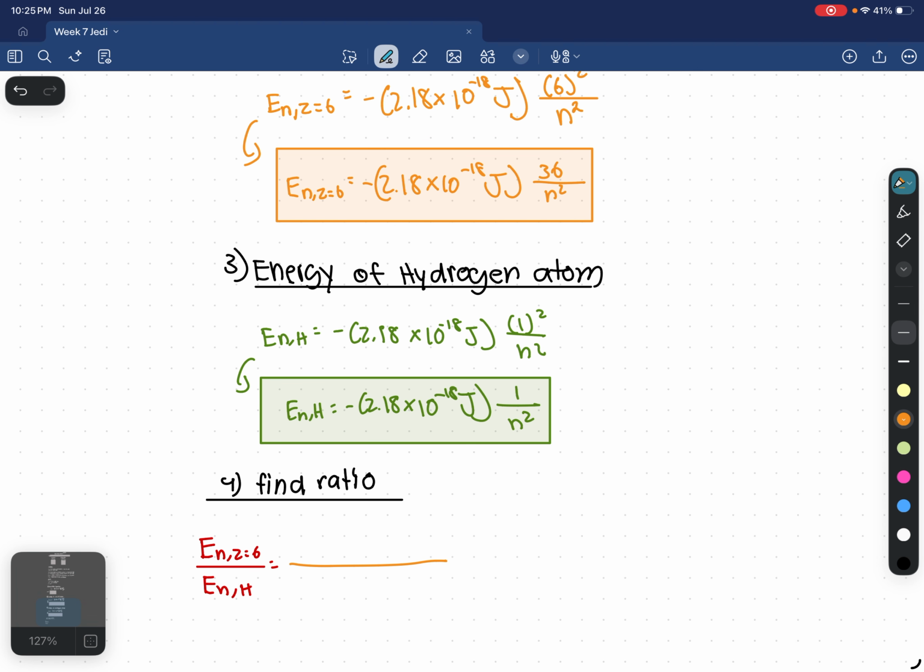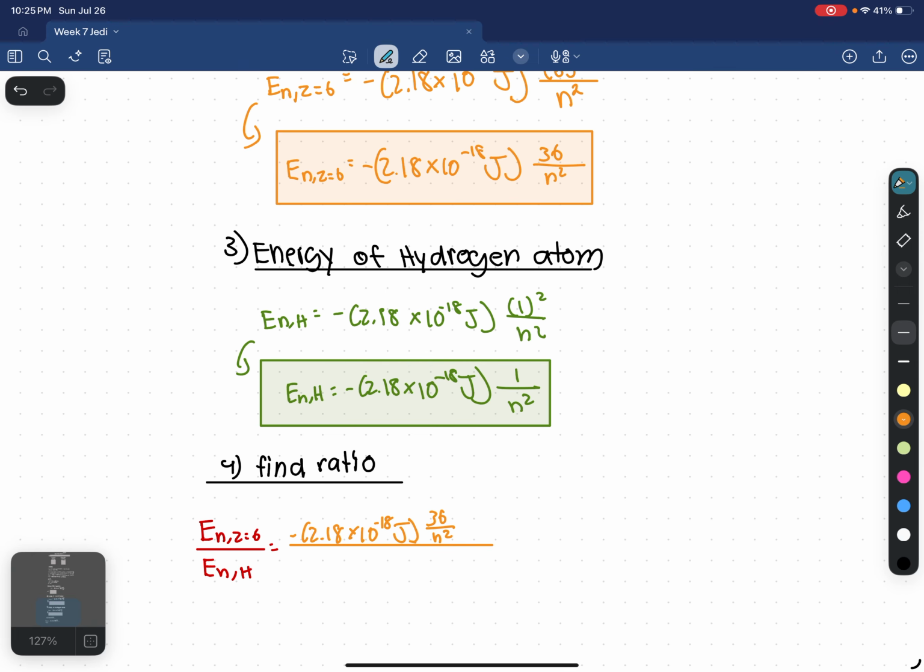We have exactly that. So we have the top, joules, and then we also have the bottom part, which is negative 2.18 times 10 to the negative 18 joules, 1 squared.